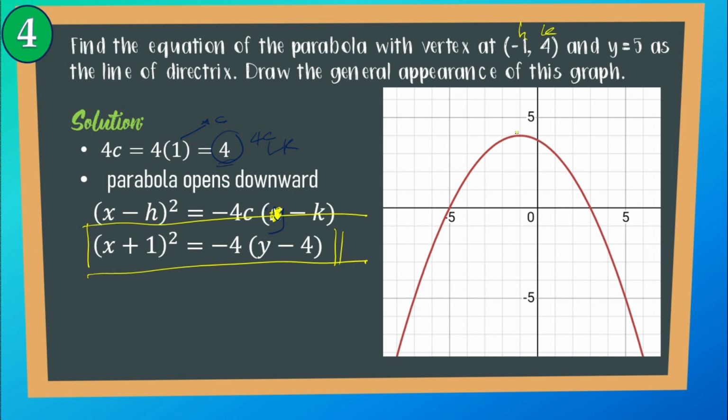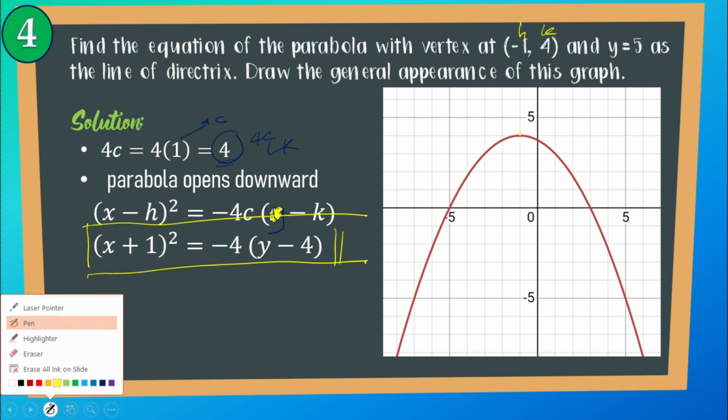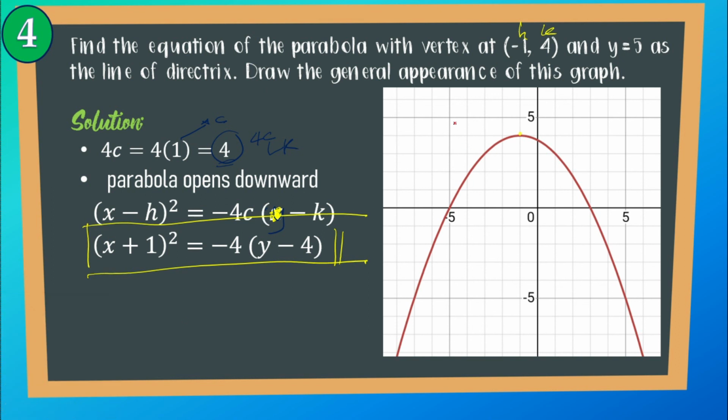Okay, the graph. So here is the vertex. Tapos, I forgot to do the directrix, i-draw nyo na lang. So dito yung directrix niya. Okay, make it a straight line. So ang directrix niya is y is equal to 5. Tapos naman, yung axis of symmetry niya, yan, make it straight again.